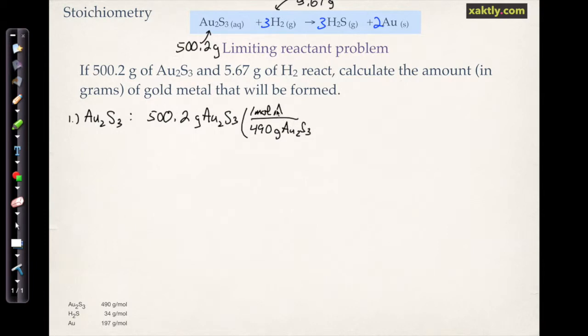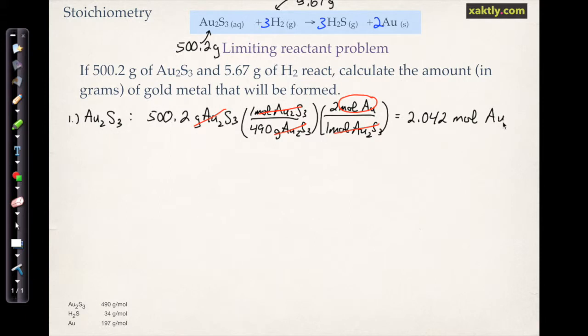And then we can use the mole ratio from the equation, which says that for every 1 mole of gold(III) sulfide, we produce 2 moles of gold metal. And that's very important, and it comes from a balanced equation. And let's cancel our units just to make sure that we end up with the right units, and we do, moles of gold metal. And if we do that calculation, we see that if we started with 500.2 grams of gold(III) sulfide, we would end up with 2.042 moles of gold.